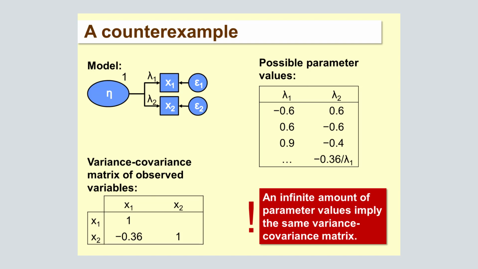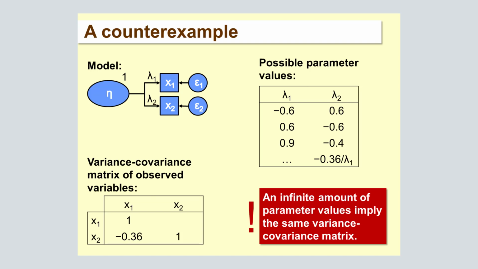In the upper right we see several pairs of parameter values that would be valid. For instance, minus 0.6 for lambda 1 and plus 0.6 for lambda 2 would be valid estimates, but also 0.6 for lambda 1 and minus 0.6 for lambda 2, or 0.9 for lambda 1 and minus 0.4 for lambda 2.